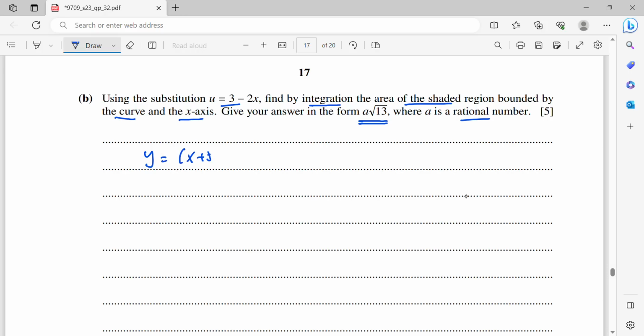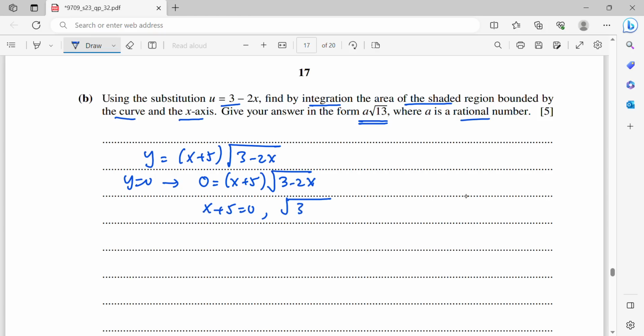So I will rewrite the y first. When y equals 0, 0 is x plus 5 times square root of 3 minus 2x. Means that either x plus 5 equals 0 or square root of 3 minus 2x equals 0. So the first one, x is minus 5. The second one, you square both sides, is also 0 on the right side.